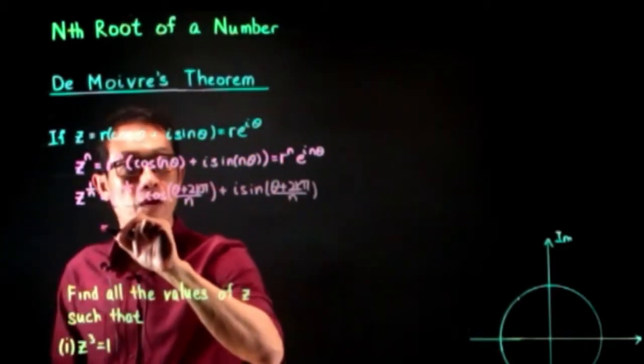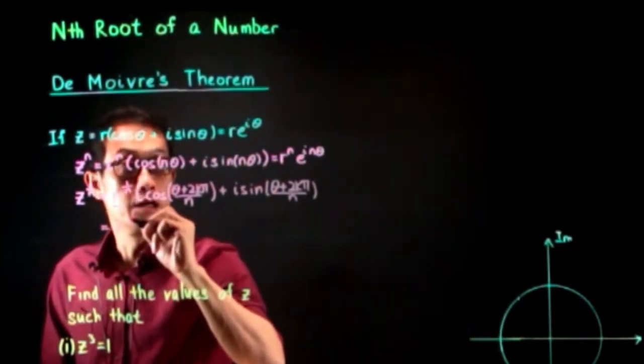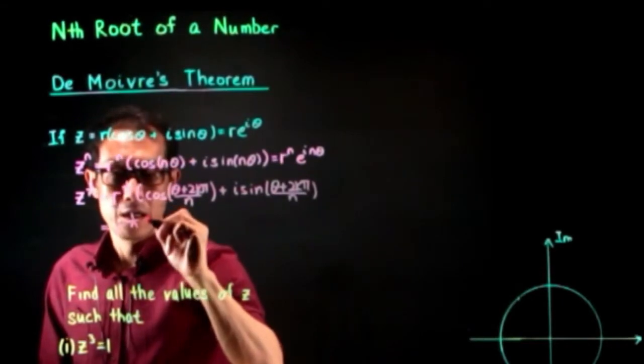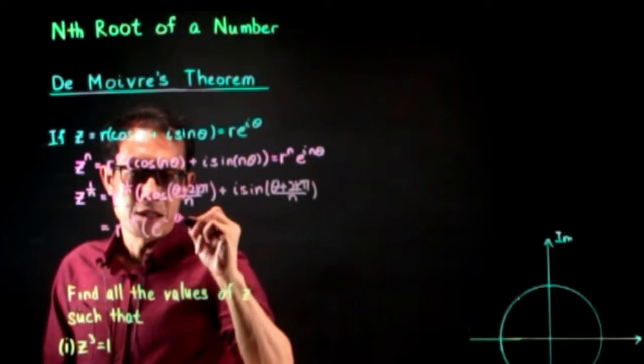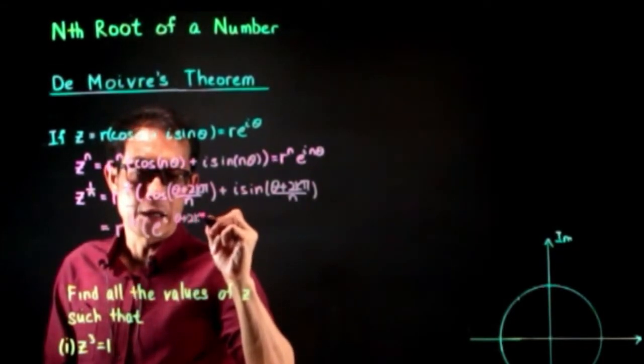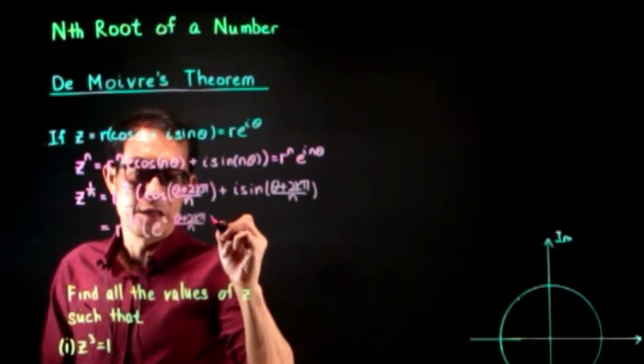Or in Euler's form, you can also write it in this way: e^(i (theta plus 2k pi over n)).